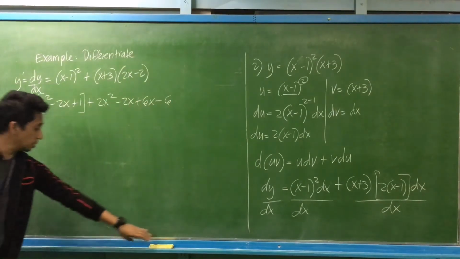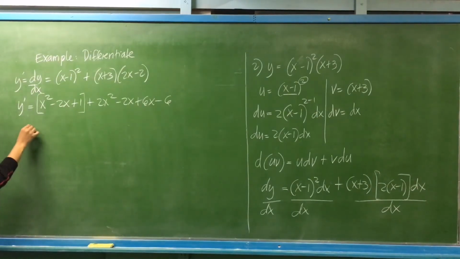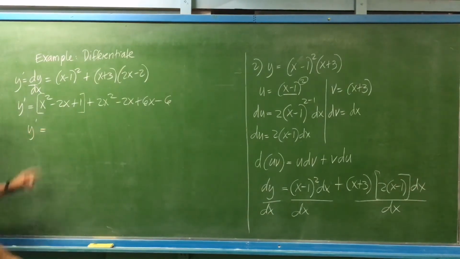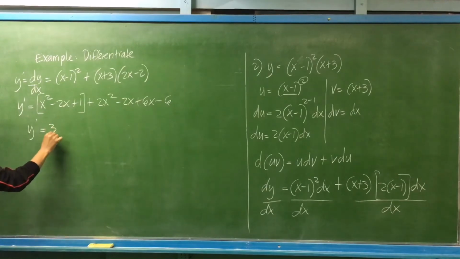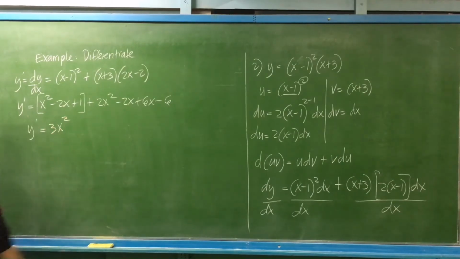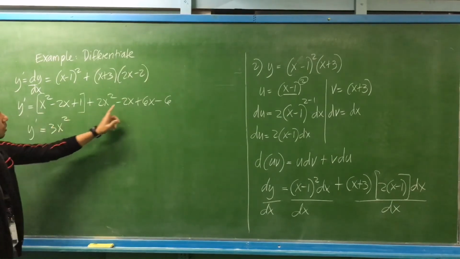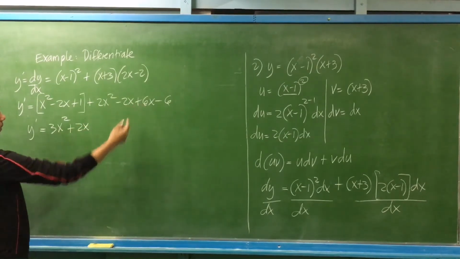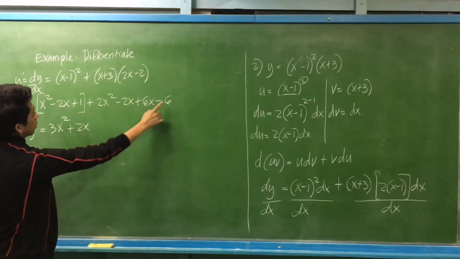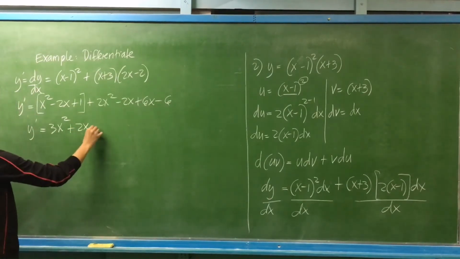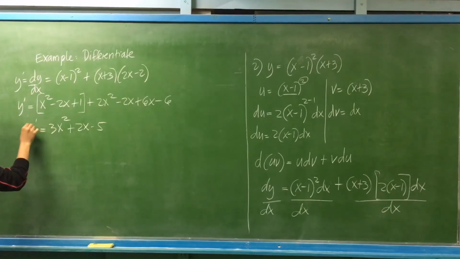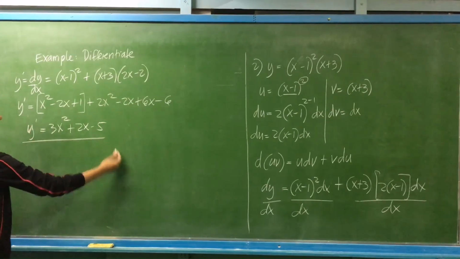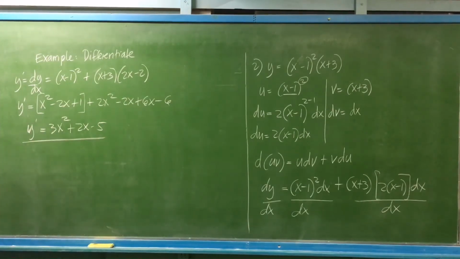Then we may further simplify. We have 3x squared, negative 2x plus 6x, that will be plus 4x. Then the last, we have 1 minus 6, that is negative 5. So y prime is equal to 3x squared plus 4x minus 5.